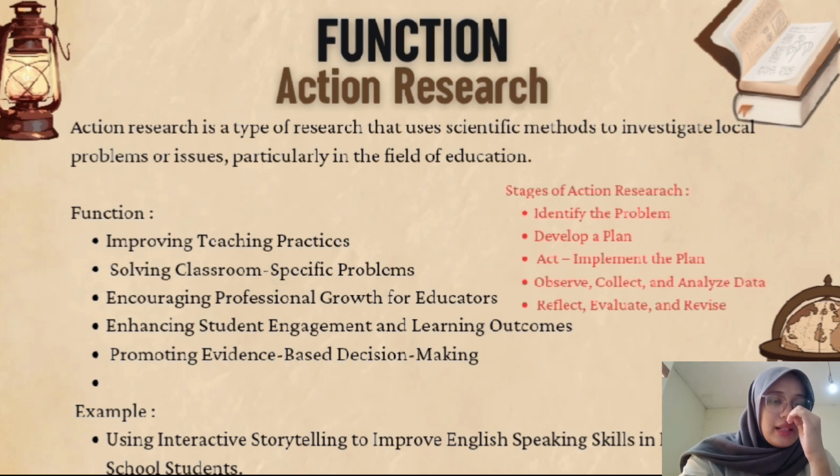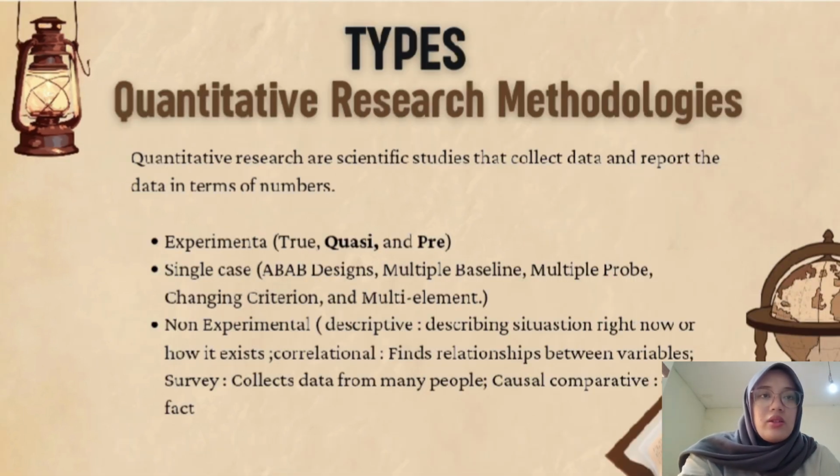And then the next slide, we're gonna talk about types of educational research. So the first type is quantitative research methodologies. So quantitative research is scientific studies that collect data and report the data in terms of numbers. And then also in quantitative research there are also types in it.